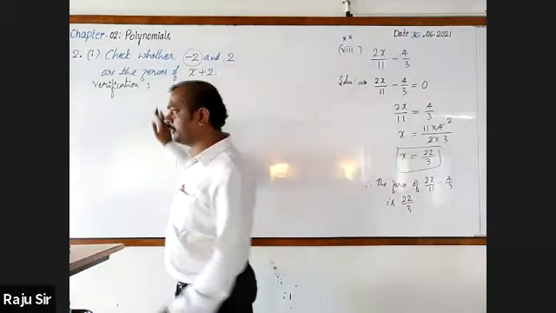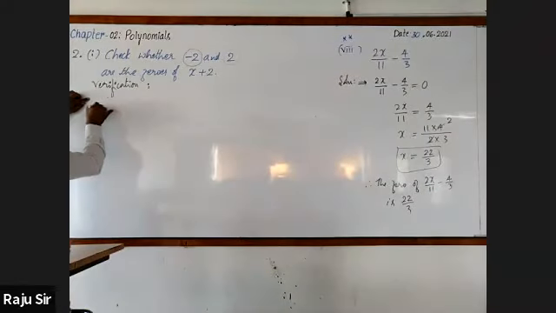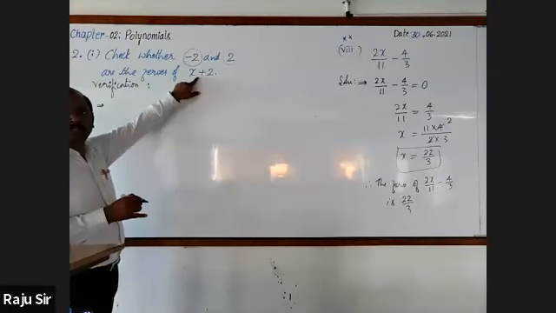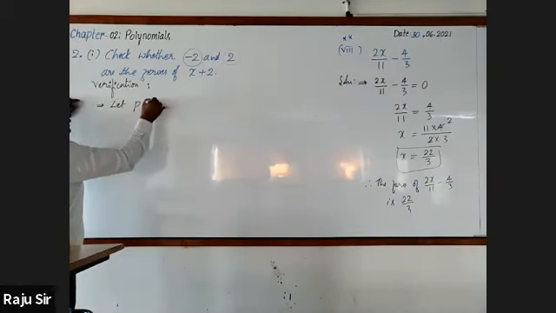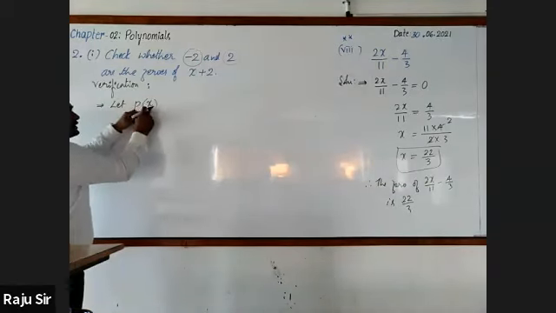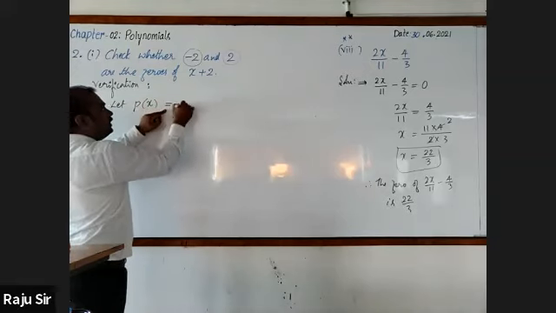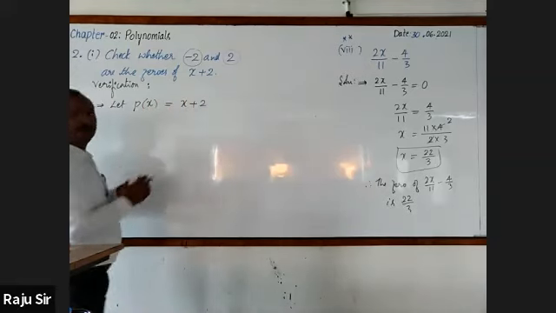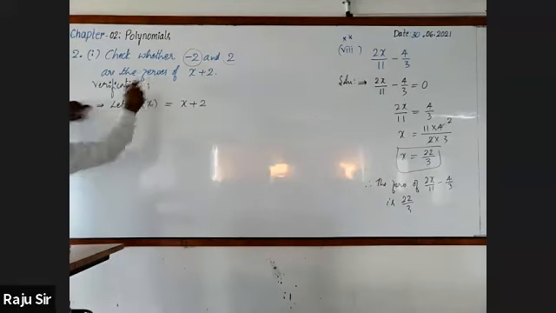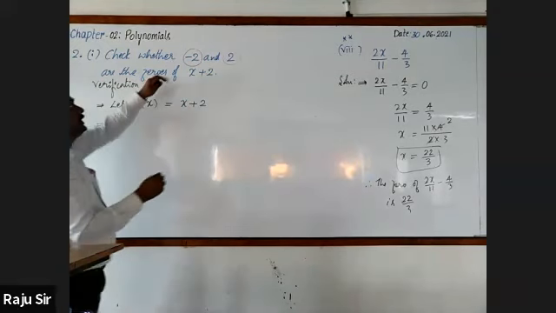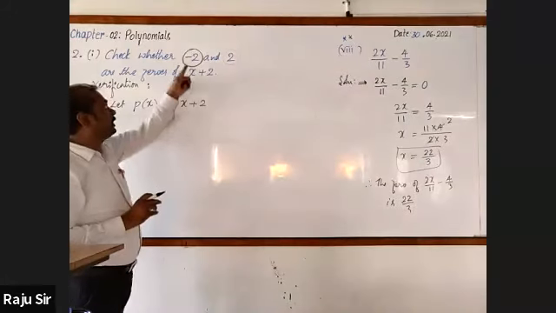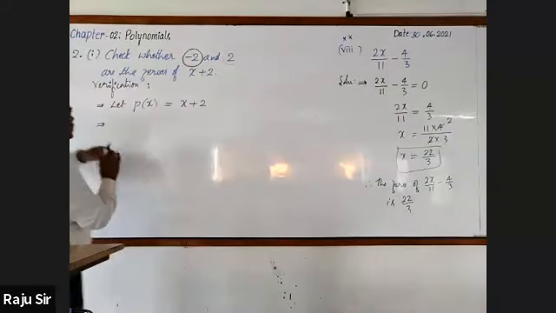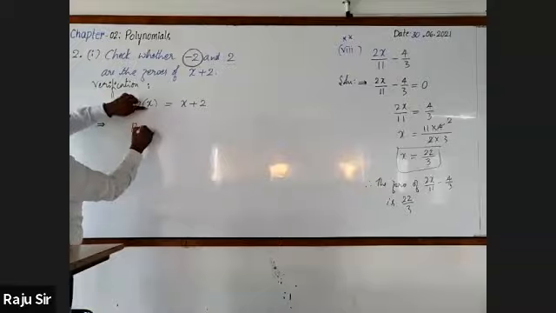We are going to verify that. Assume the given polynomial, that is x plus 2, as p of x, that is polynomial in x. This is equal to x plus 2. Let us verify one by one. First one is minus 2. We have to check whether minus 2 is the zero of the polynomial. Hence, I substitute minus 2 in place of x.